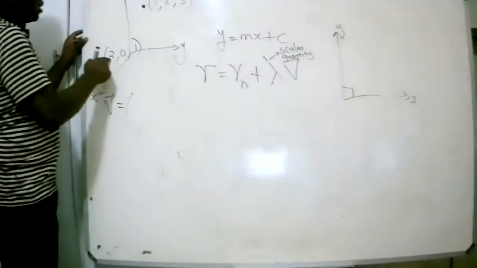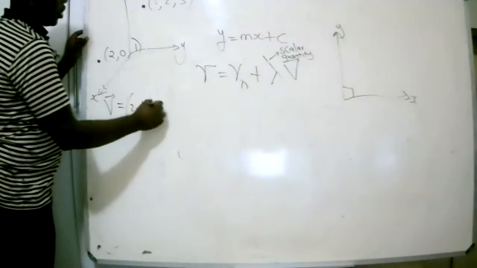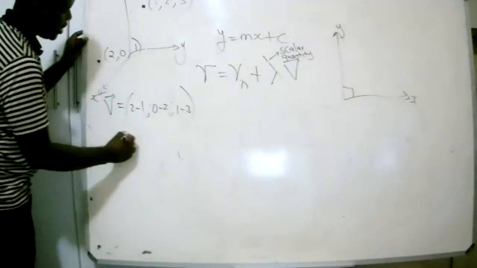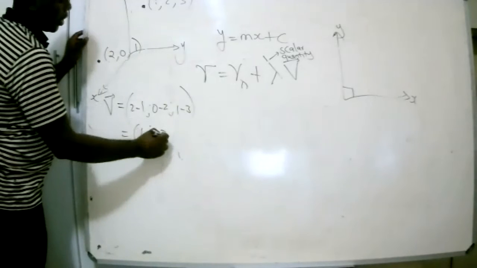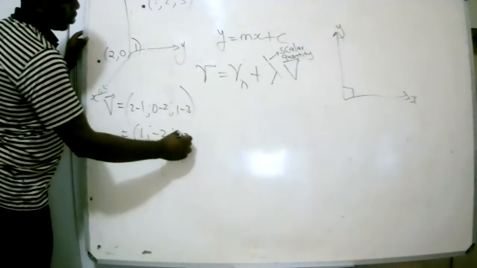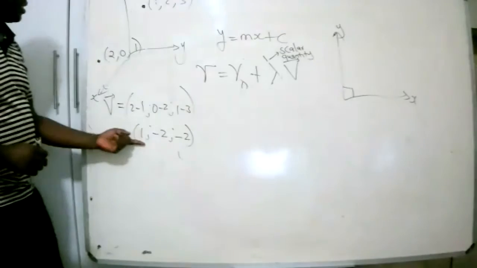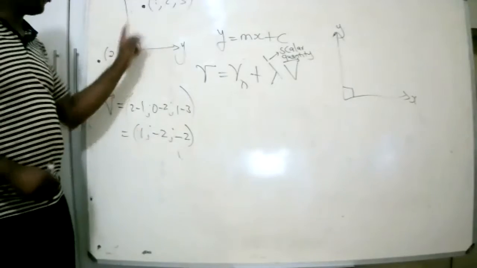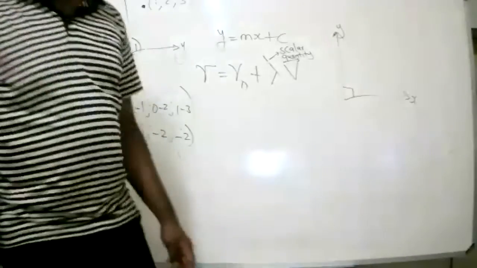So in this case we have 2 minus 1, comma 0 minus 2, comma 1 minus 3. This is now a vector. It's no longer the coordinates, but a vector.